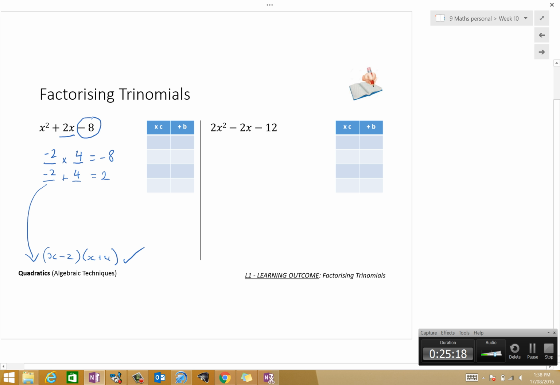Or you can break that up. You can break out that middle expression, that positive 2x, and make it two terms: x squared minus 2x plus 4x minus 8.